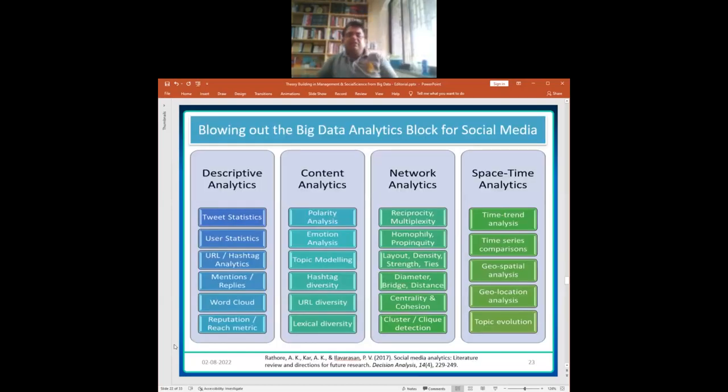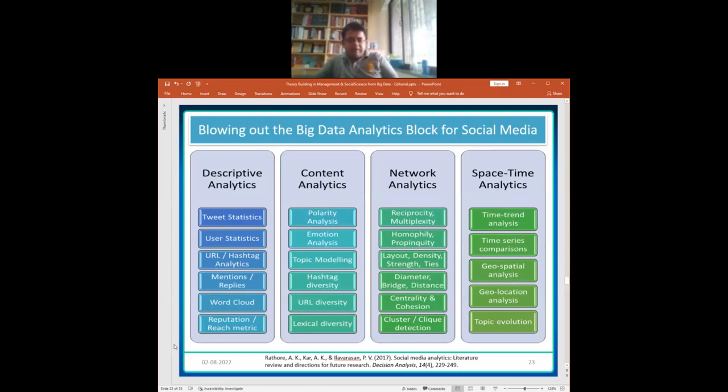If we were to structure that for social media, again, this is one paper in Decision Analytics, which is published from INFORMS. Social media building blocks itself can have a huge number of methods, like we talked about descriptive analytics, content analytics, network analytics, space-time analytics.